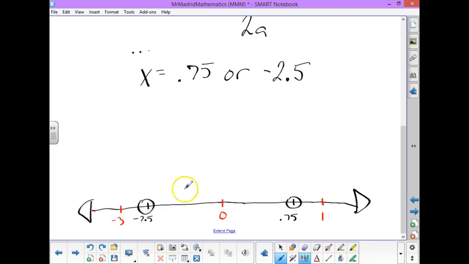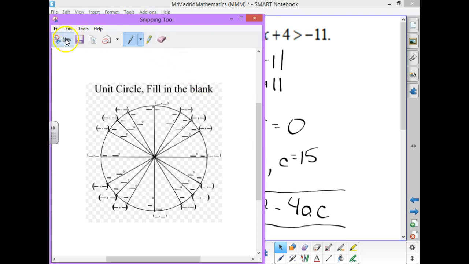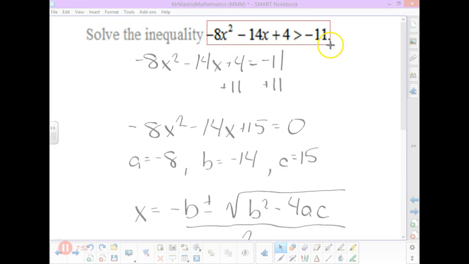Now if it was an equation, these would be it. Done and done. But it is an inequality, so it's greater than or less than, so we've got to toy with these values. So I'm going to come back to our original inequality.